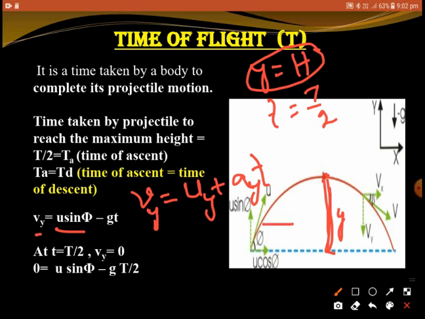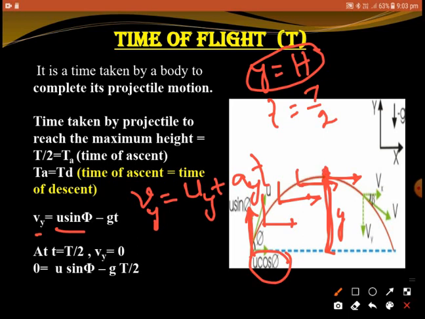This u cos theta will remain the same. Let's take the same length here, so this will be all u cos theta. But for the vertical component, at the very beginning, that means the initial velocity along the y-axis, will be the highest, and it will decrease, decrease, decrease, and it will be 0 here.